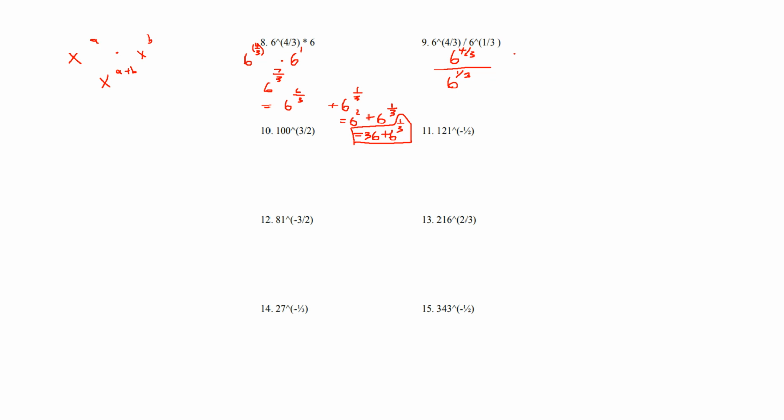So if you're dividing, then you could subtract the exponents if it's the same base, meaning that this could also be 6 to the power of 4 over 3 minus 1 over 3. And this is just 6 to the power of 3 over 3, or just 6 to the power of 1. So your answer is just 6 for number 9.